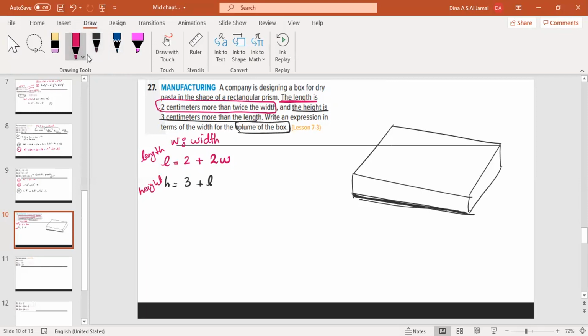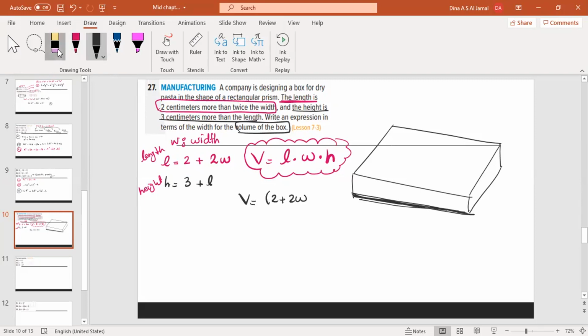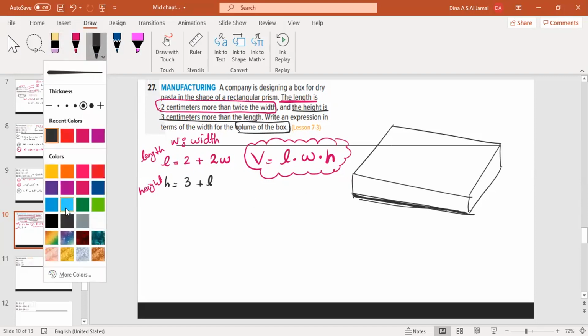So to find this volume, you will be multiplying your length by your width by your height. And this is the general formula. Now let's pay attention. We need to substitute and put each of them in terms. So your volume, it's all about your length, which is 2 plus 2w.